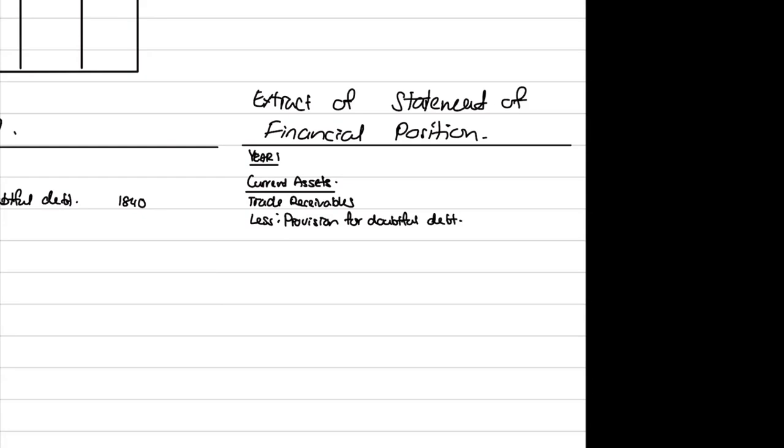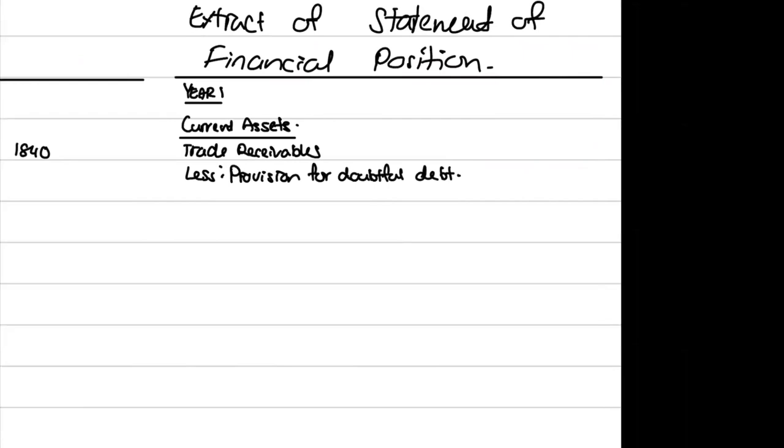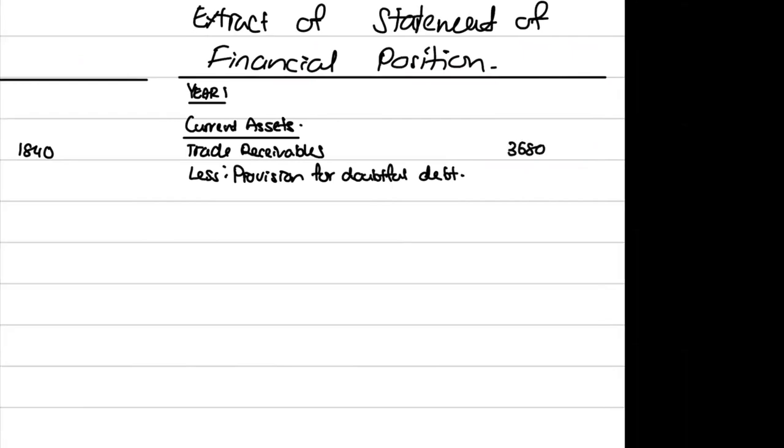Okay, so you need to include the whole total here. 36,800. Okay, that's it for year 1.